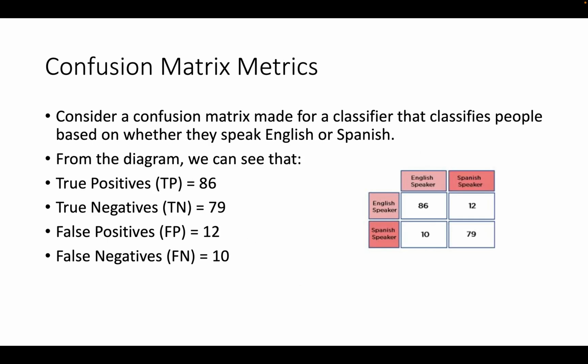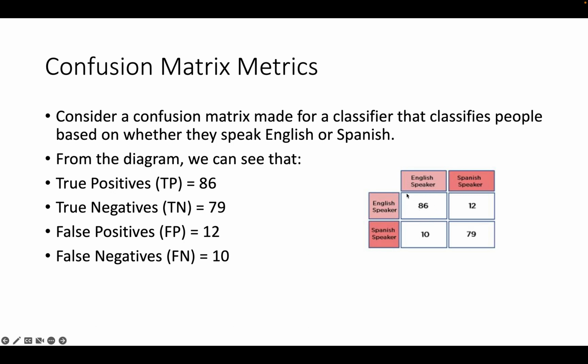Confusion matrix. Confusion matrix के metrics. Oh my god. Consider a confusion matrix made for a classifier that classifies people based on whether they speak English or Spanish. From the diagram we can see that true positives, that is English speaker, 86.